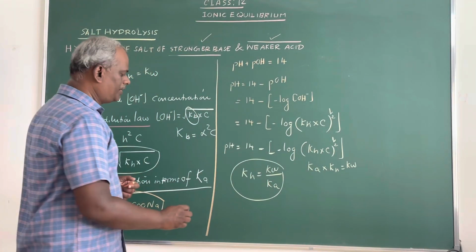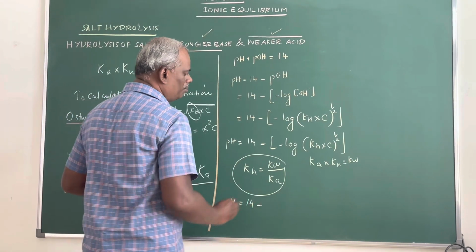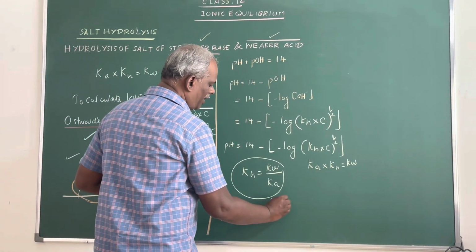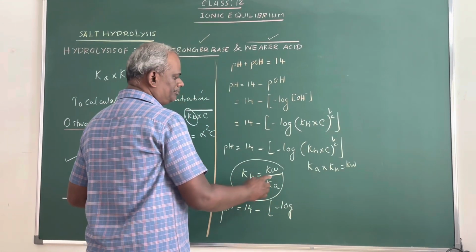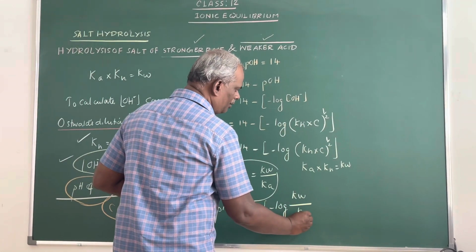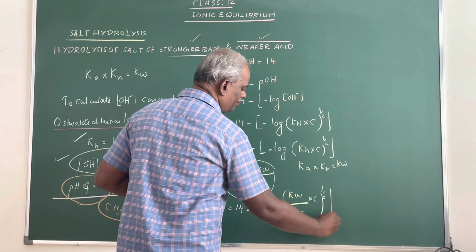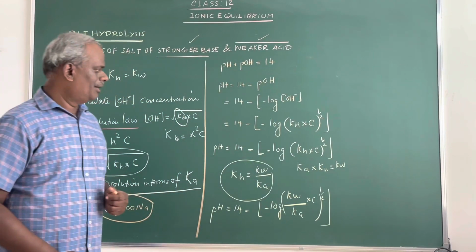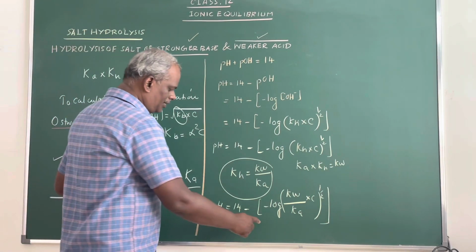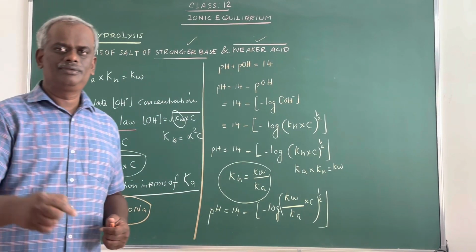So it is very easy to get pH equal to 14 minus, and I can write minus logarithm of, this can be substituted, Kw by Ka into C the whole power half. Is it clear? Yes, after this, the expansion is written as follows.